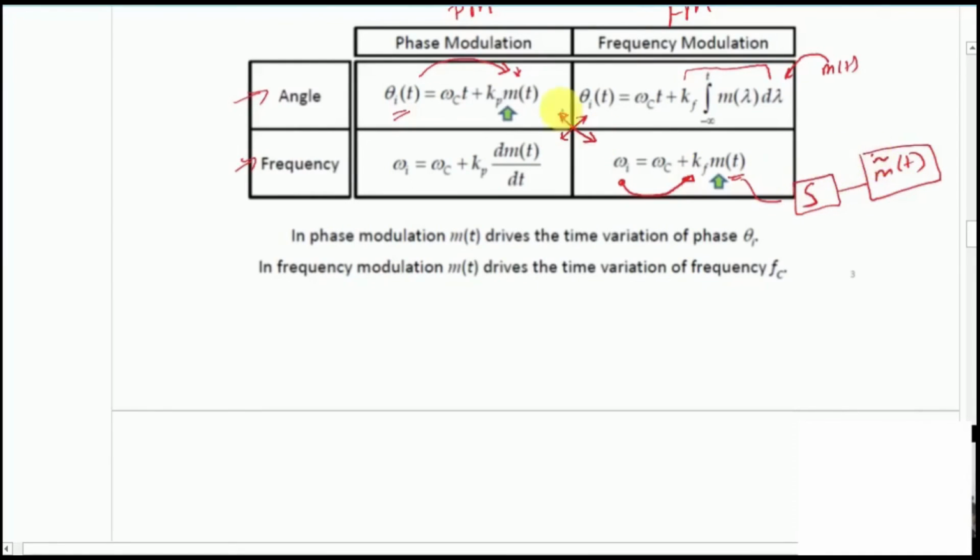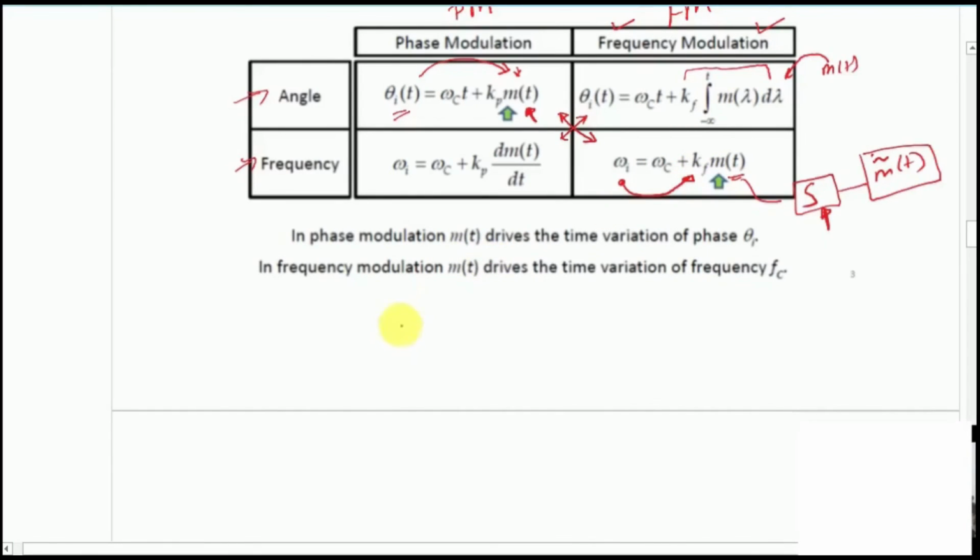Now you can put this signal over here and use the phase modulator to eventually generate a frequency modulated signal. So you start with the message signal m of t, pass it through an integrator, and you get a new signal. Put that new signal in a phase modulator, right? But since the original signal has passed through an integrator, we would eventually get a frequency modulation.